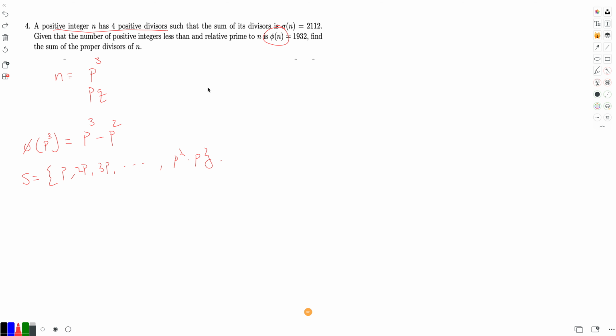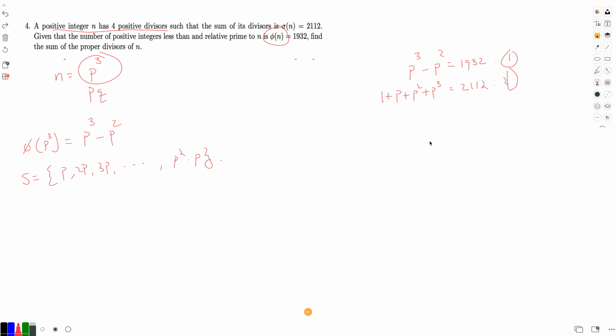Great. So now we can get some information regarding p cubed. We know that phi of n, which is p cubed minus p squared, will equal 1932. And we know that the sum of the divisors, 1, p, p squared, and p cubed, is equal to 2112. Now let's try to solve for p. We can subtract these two equations, let's call them 1 and 2.